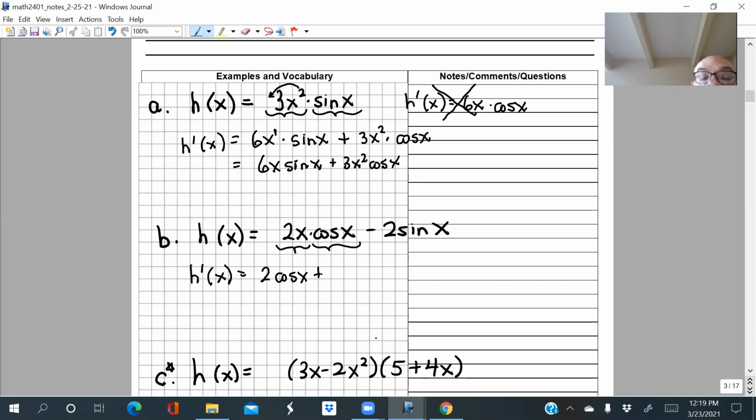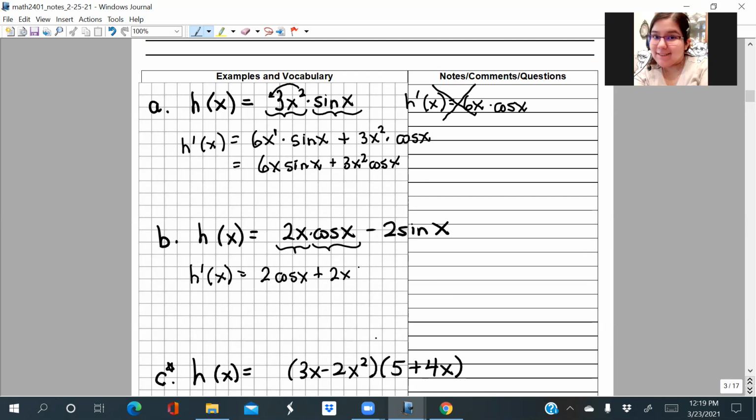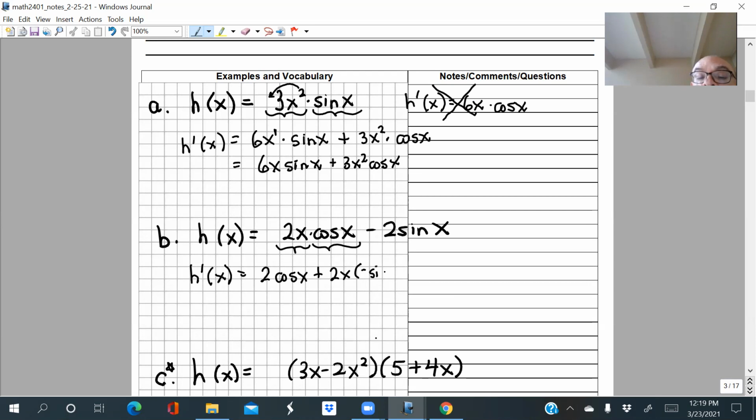Then plus, now keep the 2x, and then take the derivative of cosine of x. But what's the derivative of cosine of x? Minus the sine, right, okay? So the derivative of cosine of x is minus the sine of x. So all of this is the derivative of 2x cosine of x.